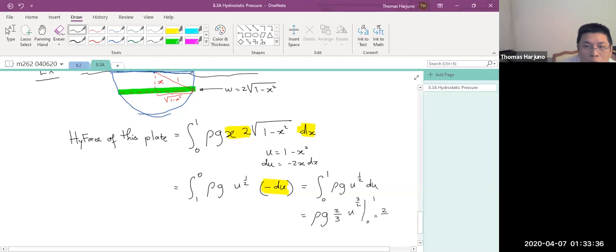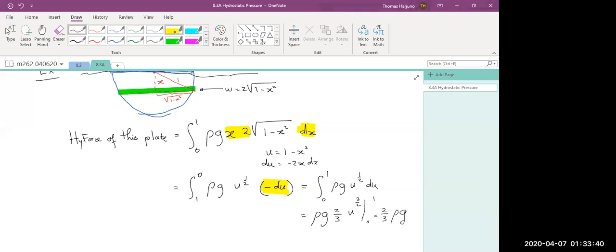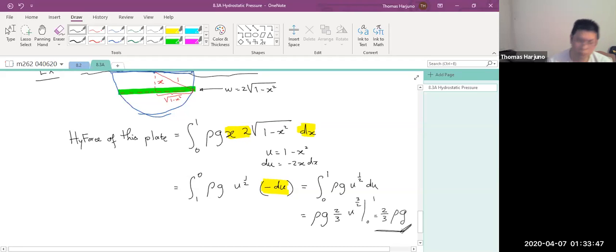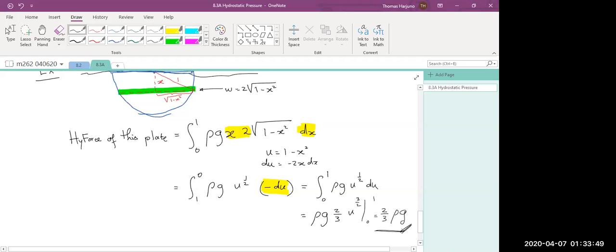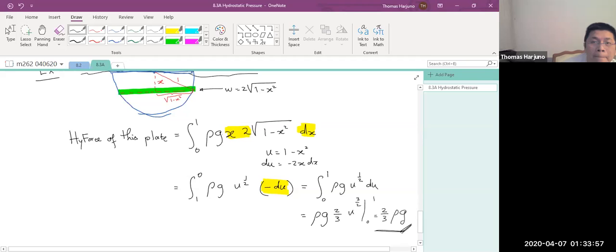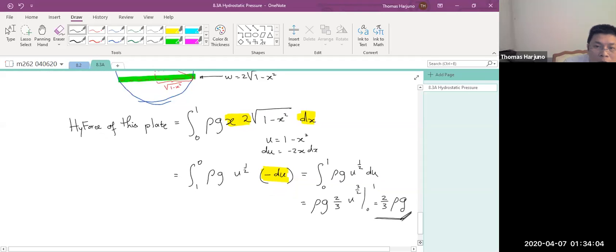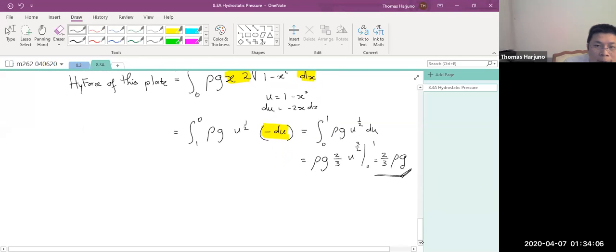That's 2 over 3 rho g. Okay, now I go further. This is where the way we set it up becomes more interesting.